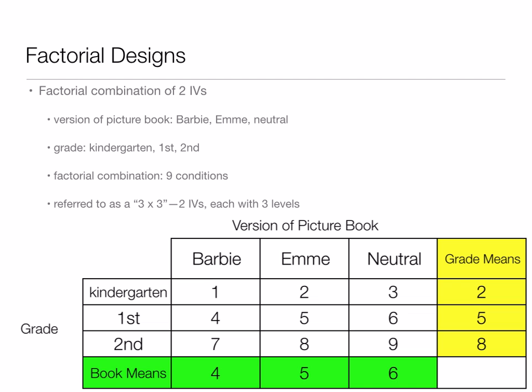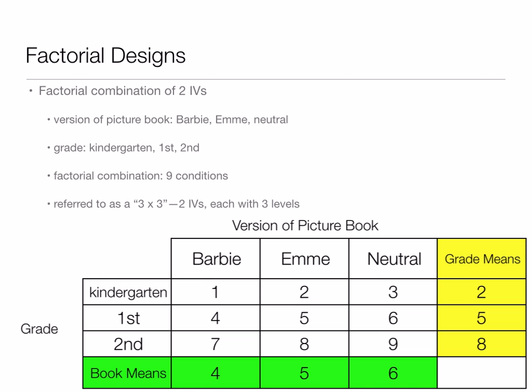A main effect is, again, looking at these things as if we just looked at the effect of grade, or we just looked at the effect of picture book. So if we were looking at a main effect of grade, of kindergarten, first grade, and second grade, and we wanted to know if there was a change in body dissatisfaction scores across age, we would look at just the means of kindergarten, first grade, and second grade, pretending that we didn't even look at the version of the picture book. We didn't even study that.